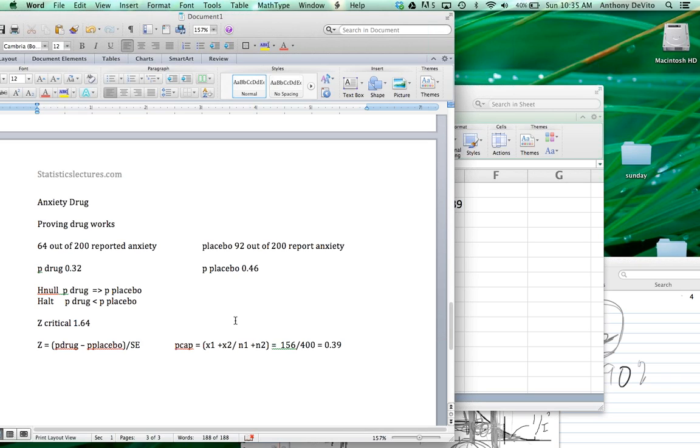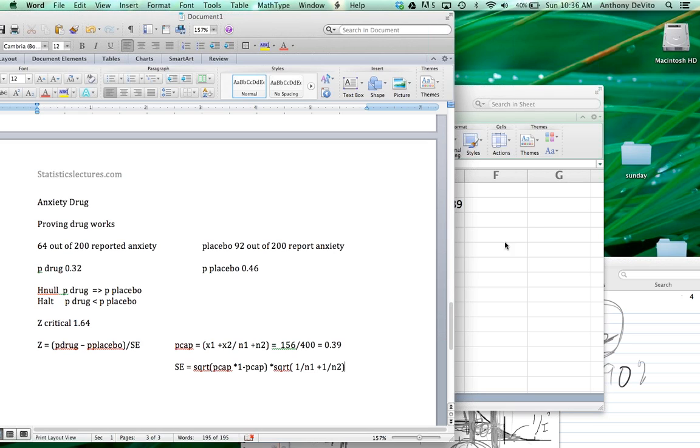And now I'm also going to find my standard error, and the formula I'm going to use for standard error is going to be equal to the square root of p cap times 1 minus p cap times the square root of 1 over n1 plus 1 over n2.